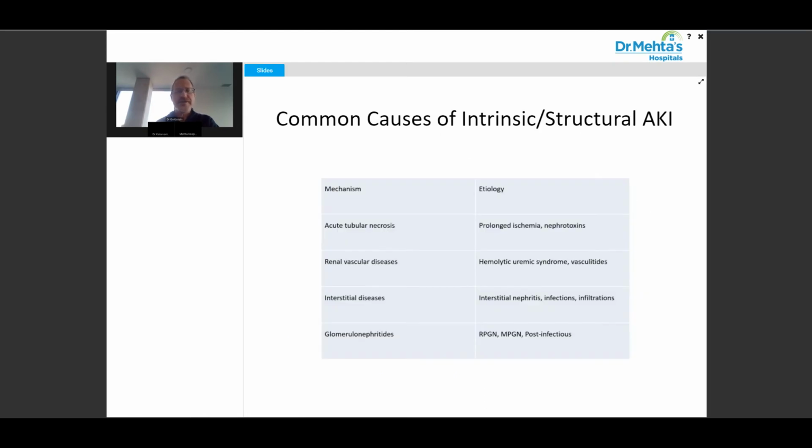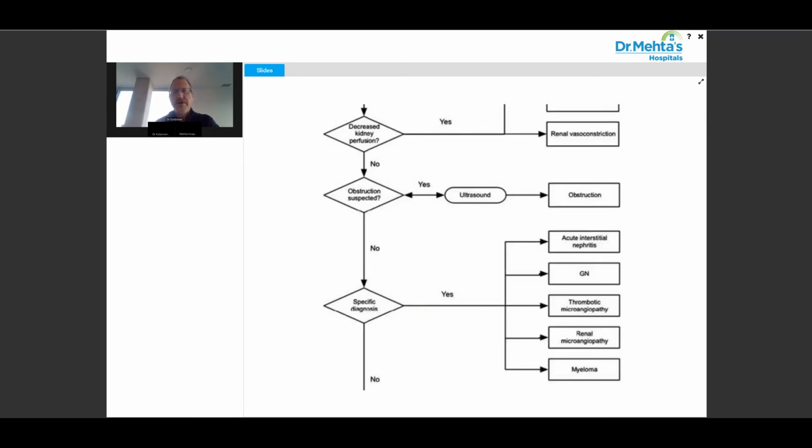Common causes of intrinsic AKI: acute tubular necrosis, renal vascular disease, interstitial disease, glomerulonephritis. So acute interstitial nephritis, withdraw the medication. There are data to suggest that urine eosinophils, again, may be very specific, but not terribly sensitive. And should we use steroids?